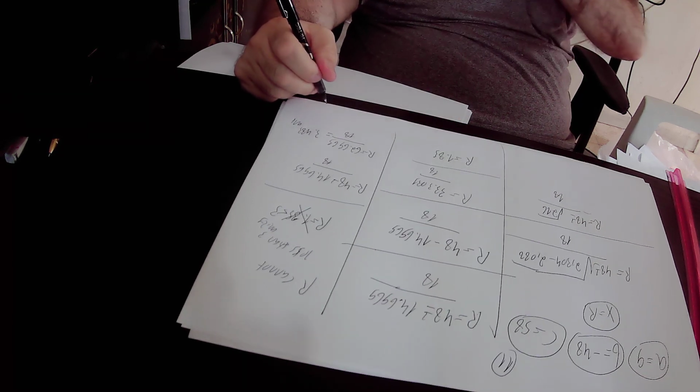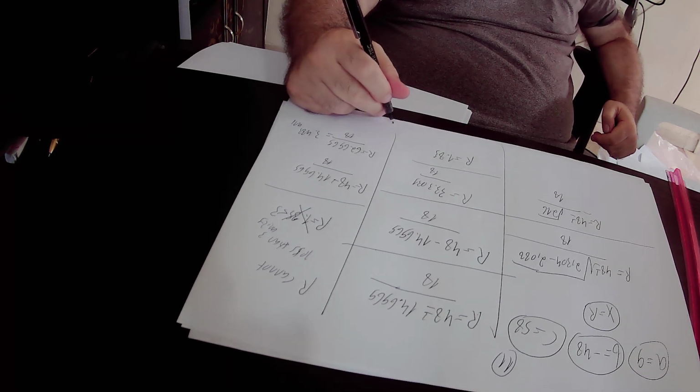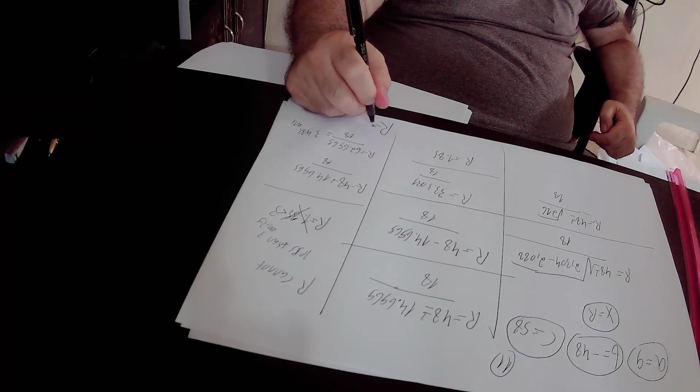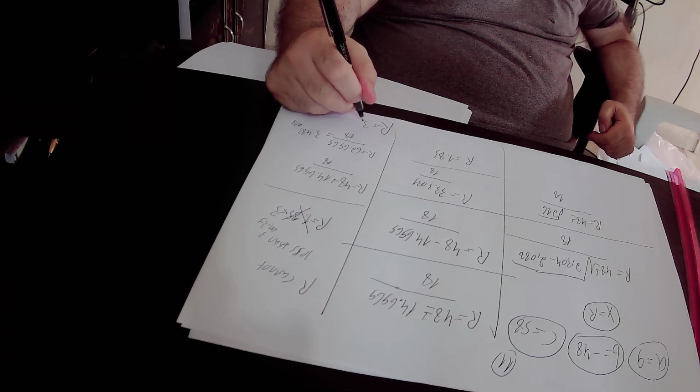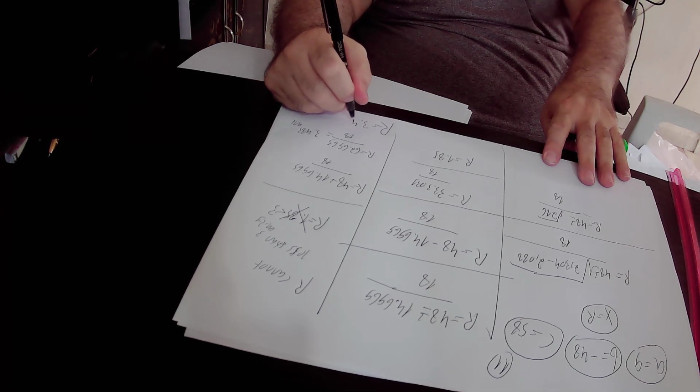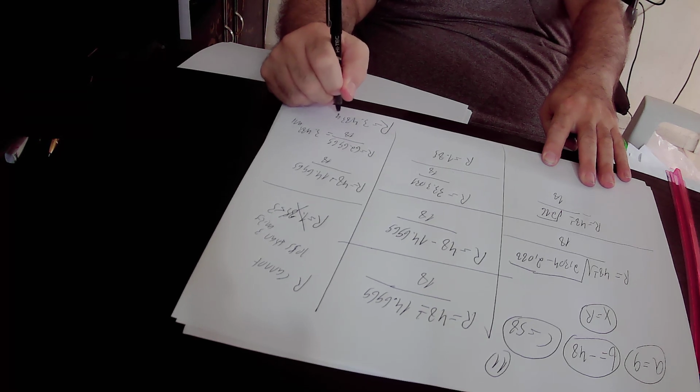So I found out that the radius of the big circle is equal to 3.483 units.